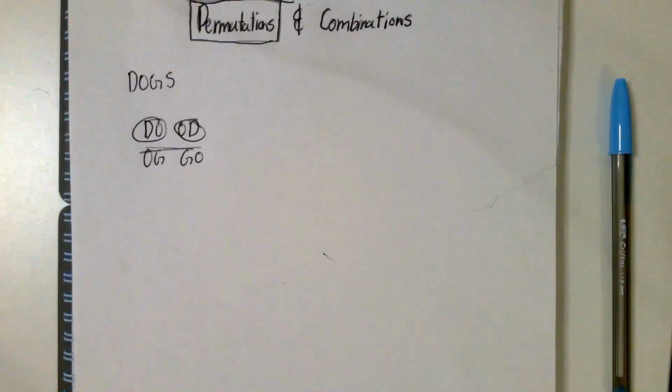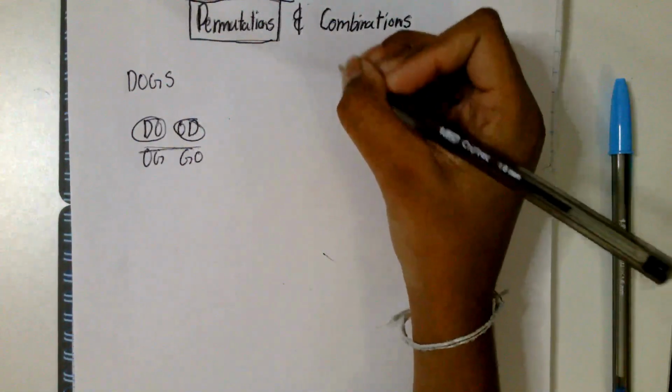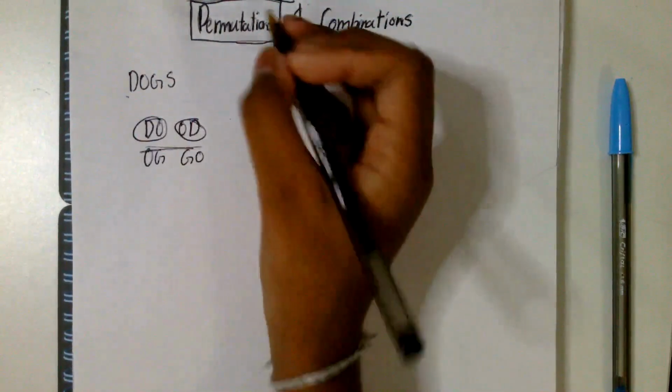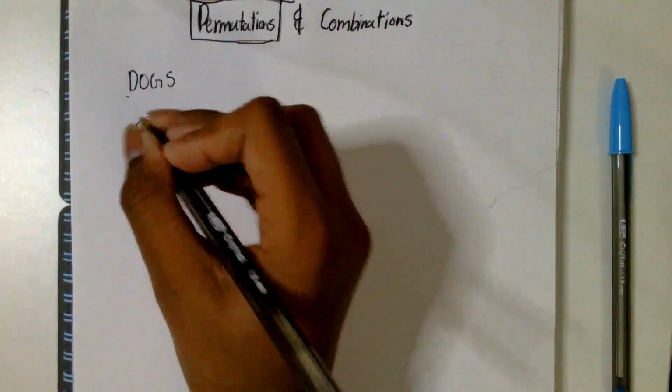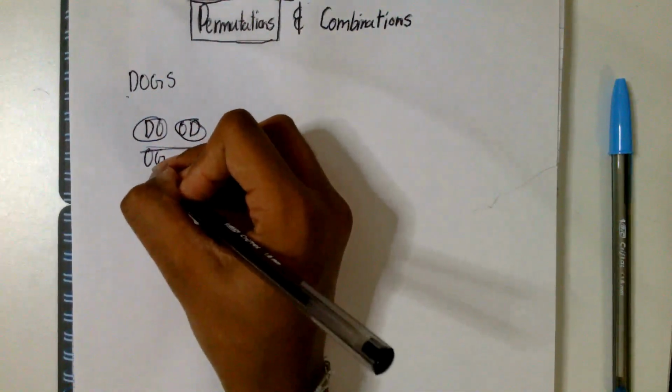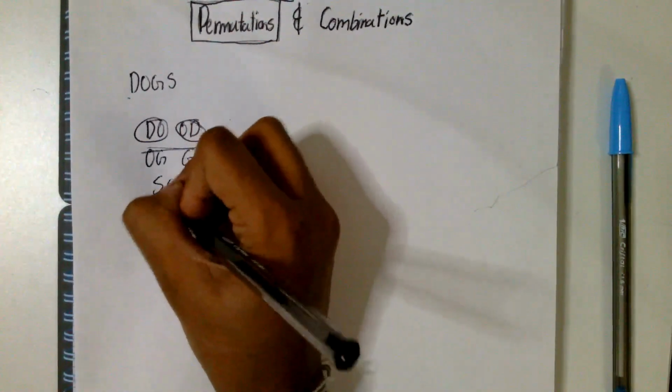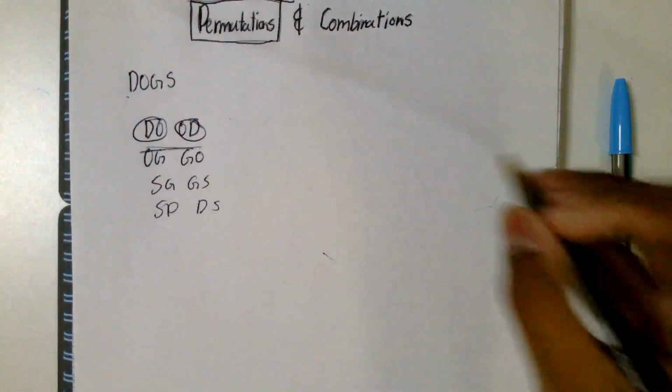But is there an easier way to list out these things? Well, there's usually a formula we can use, because let's say we had to list out all groups of 2 for dogs for permutations. We'd have to do DO, OD, OG, GO, SG, GS, SD, DS. There's going to be a lot. So there's a formula.